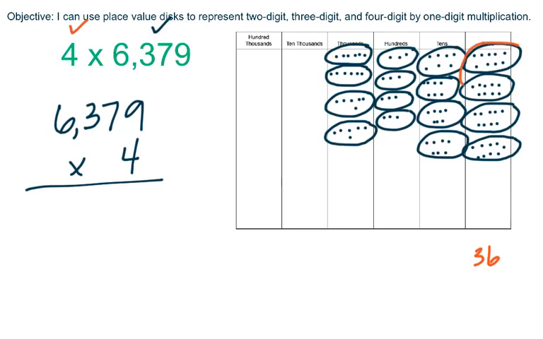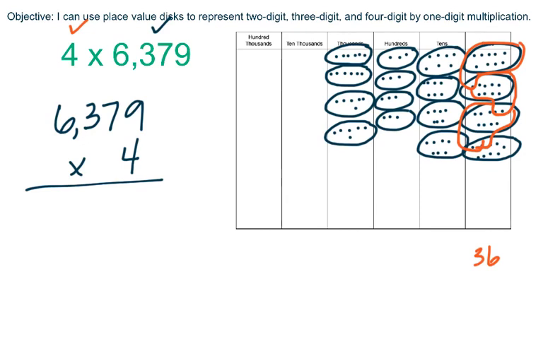So 9, 10, that would be 8 left over, and then 3, so 7, 8, 9, 10. Notice I'm getting a little messy here. So try to keep your work as organized as possible.